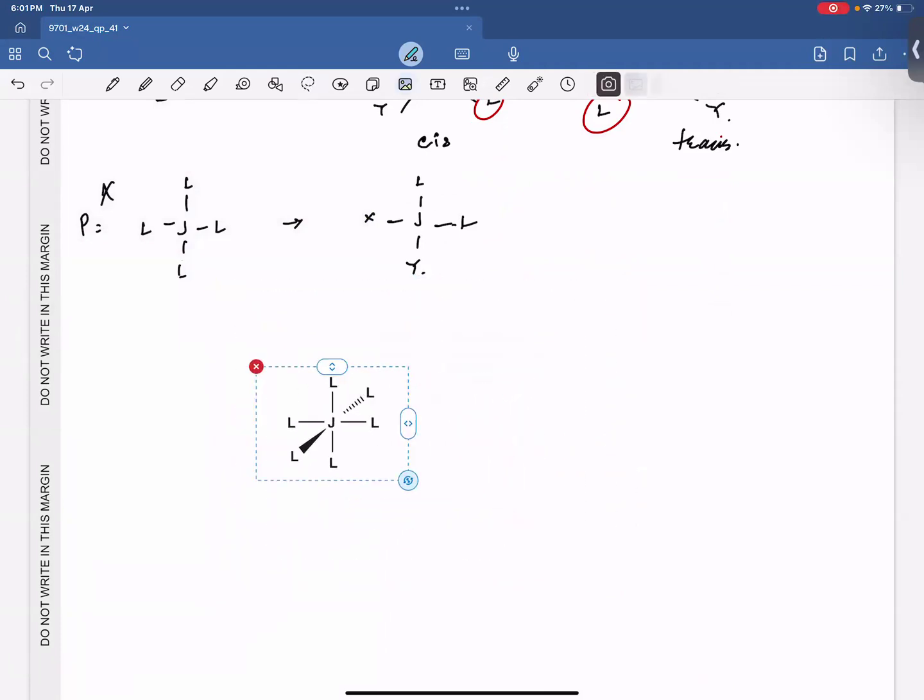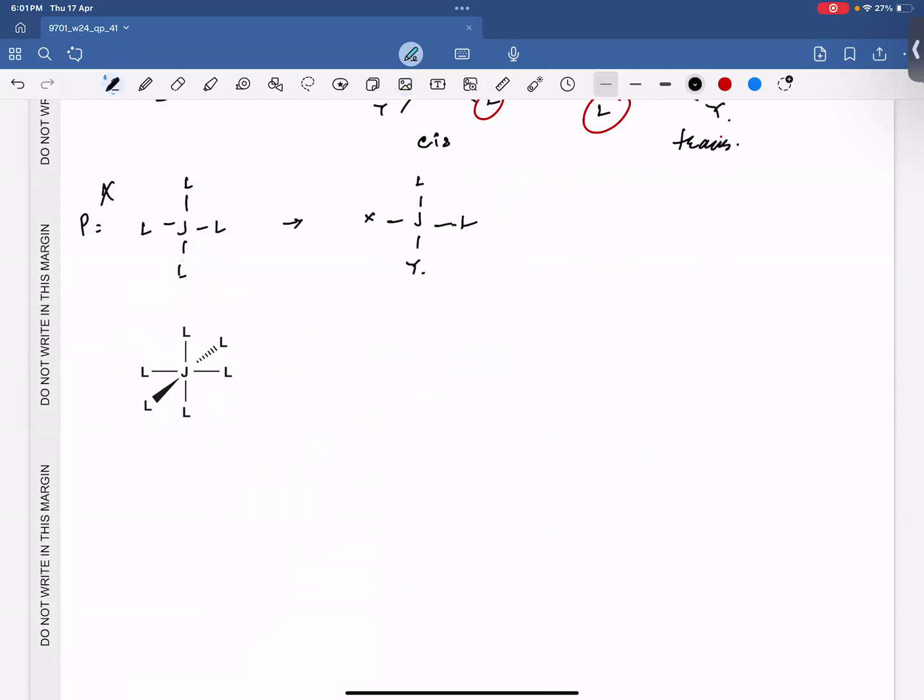Yes, this is R. So if I'll substitute 2 ligands, this is L. Okay.